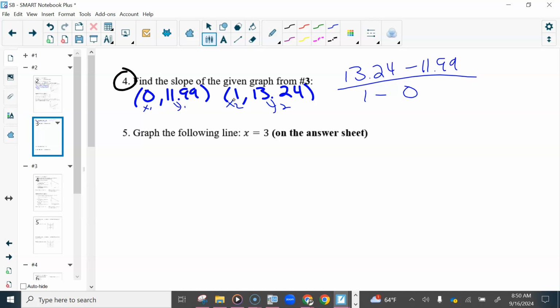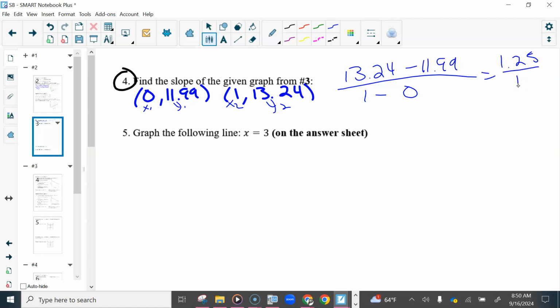So go ahead and subtract the numerator when we get there. $13.24 minus $11.99 is $1.25. And then 1 minus 0 would just be 1.